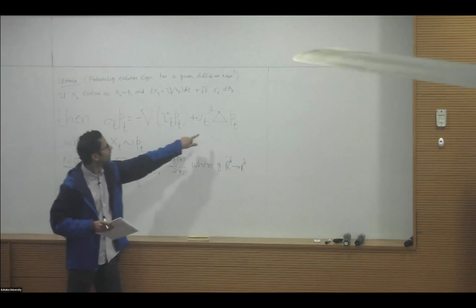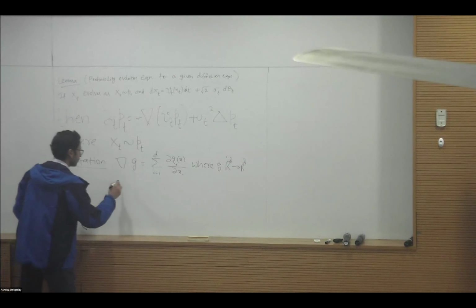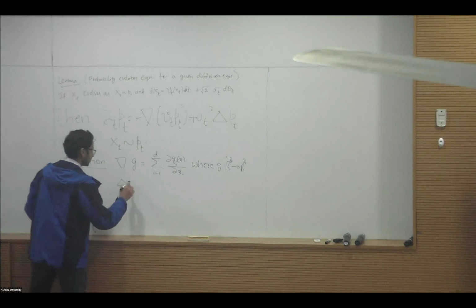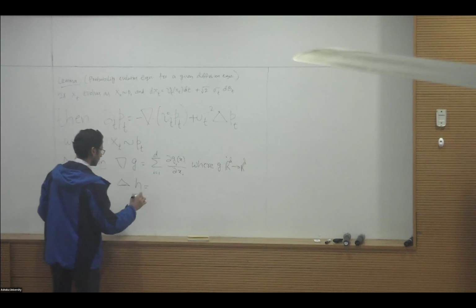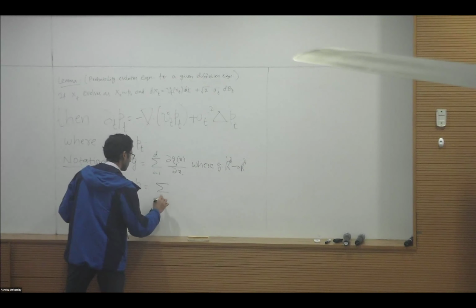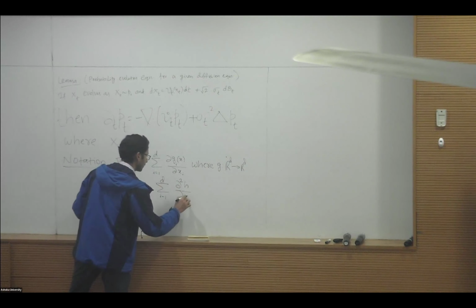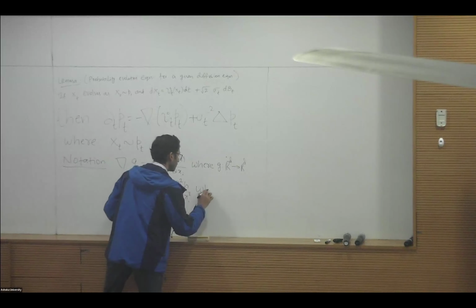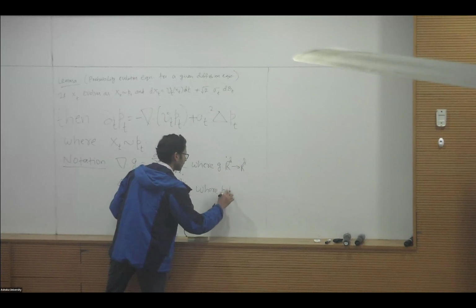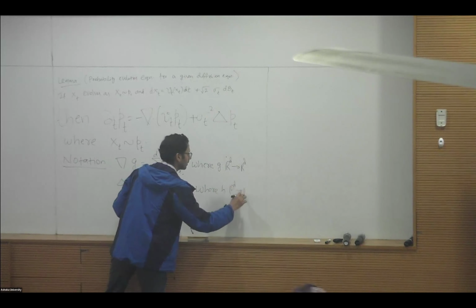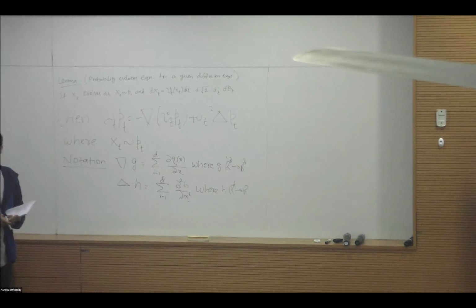This one is the Laplacian operator. Pt is the density from which xt is being drawn.